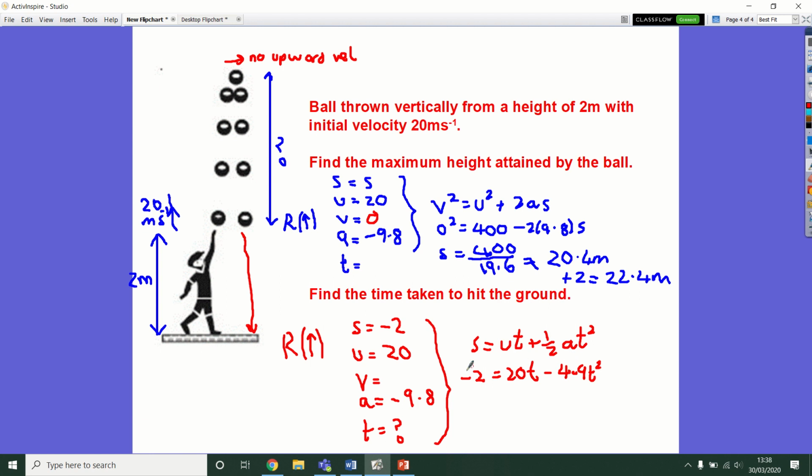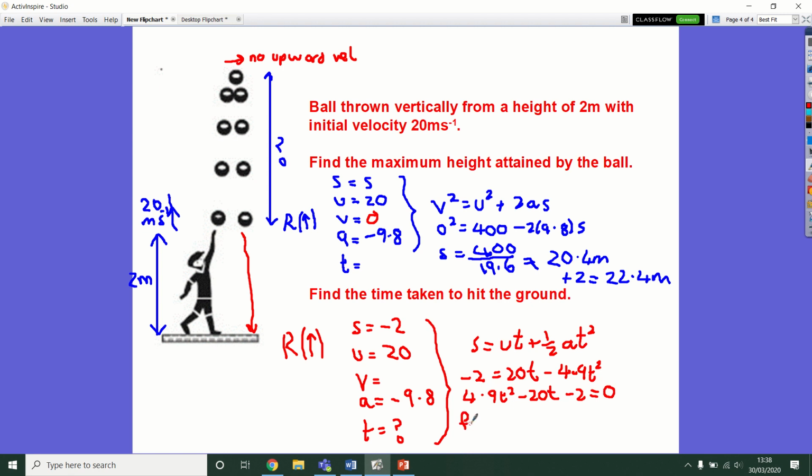Okay, so I'm going to put everything onto the positive side to make a quadratic equation: 4.9t squared minus 20t minus 2 equals 0. Now to save a bit of time, I'm not going to show the method that I'm going to use, but in an exam I do want you to write down the way that you're going to solve this equation, which is normally by writing the values into the quadratic formula.